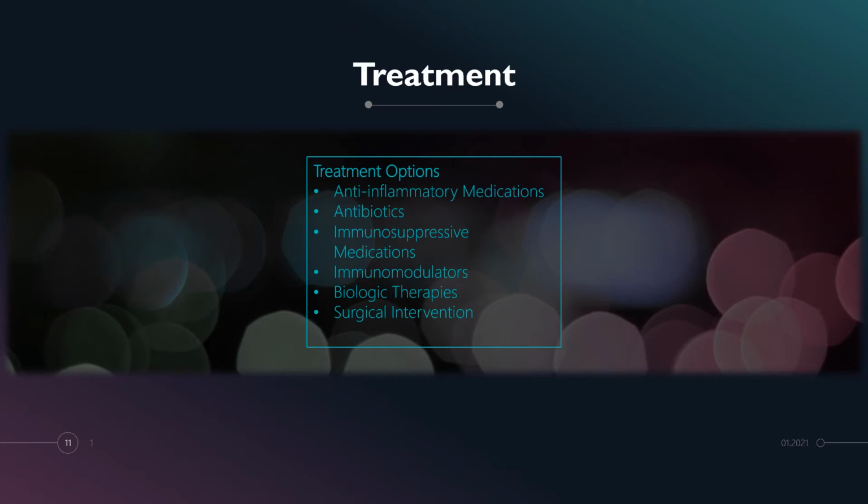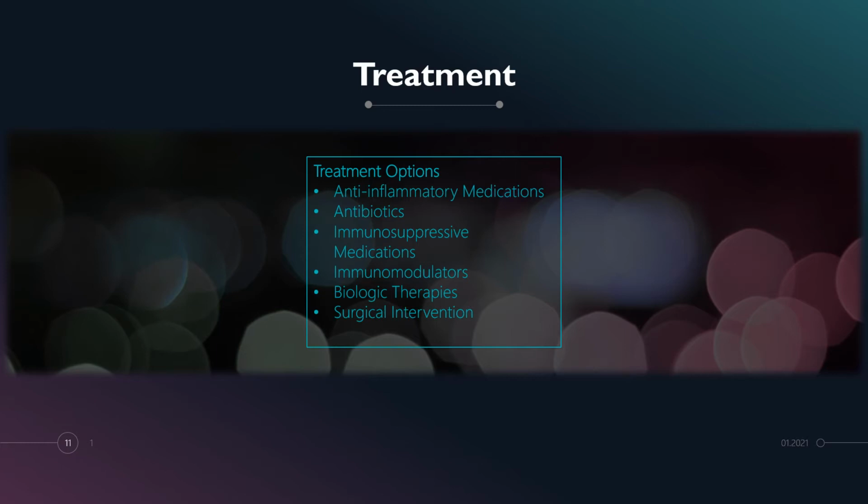I know I mentioned surgical intervention that can be used for Crohn's disease, but as I said, it's usually a last resort, and this is an ileostomy. Typically, they try to treat with medications first, and then if those are unsuccessful, they will move on to the ileostomy. And basically, an ileostomy is a surgical resection of the colon and the rectum, and it creates a new path for the feces to be excreted from the body.